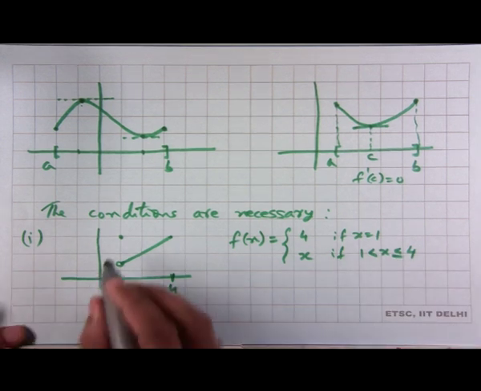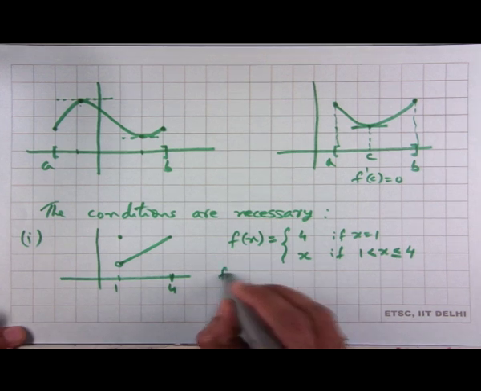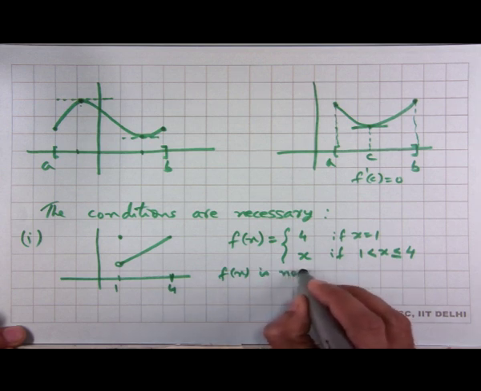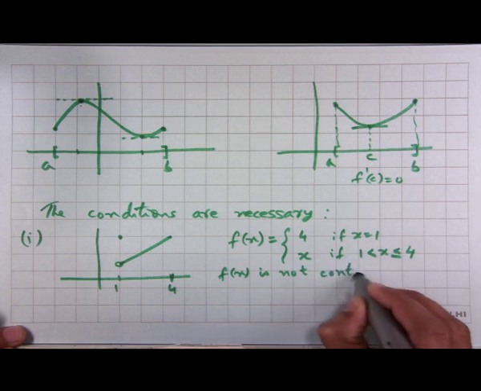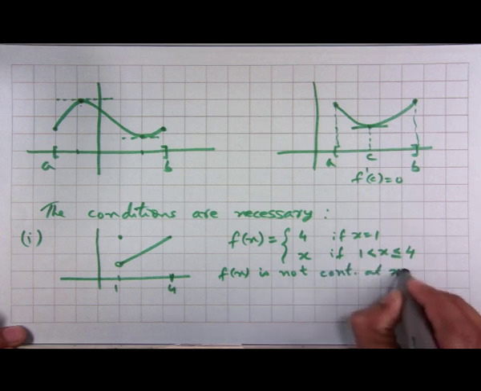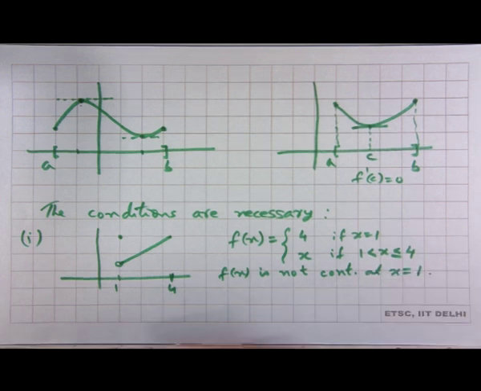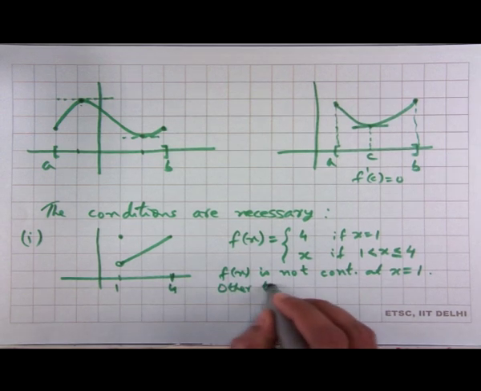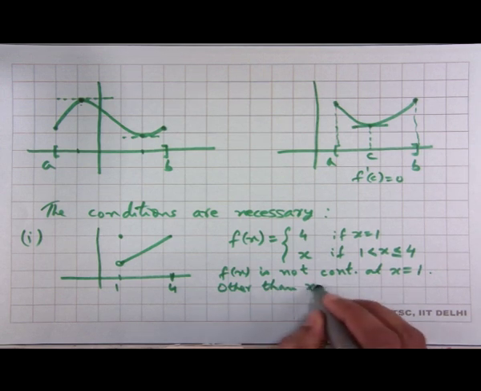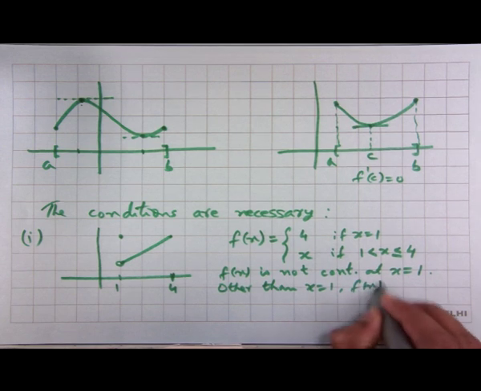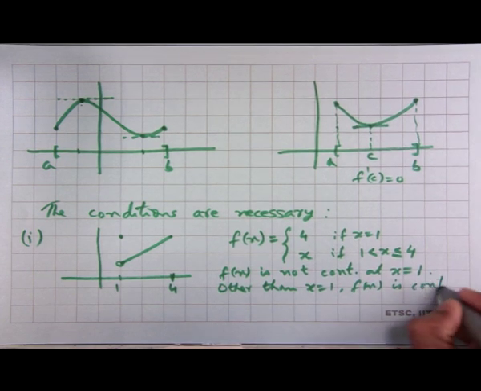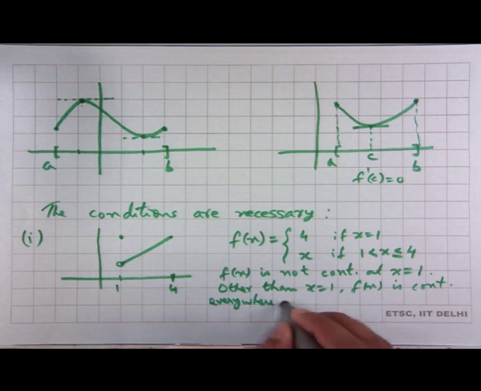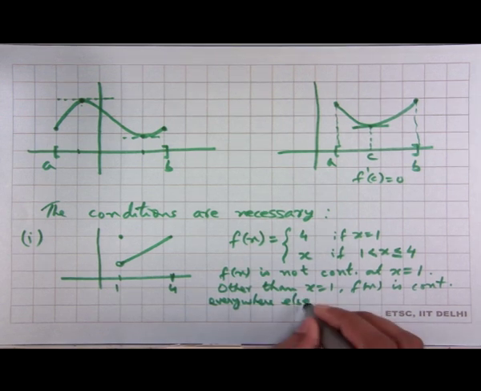So, this function f(x) is not continuous at x equal to 1, but other than that the function is continuous everywhere else.